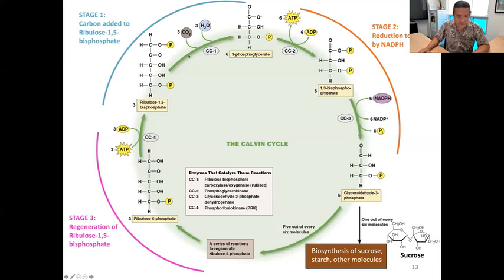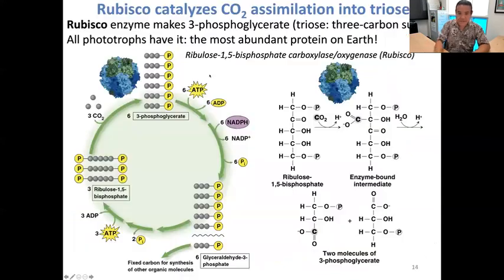So a very important molecule here is this first enzyme, this Calvin cycle 1 enzyme that actually takes the carbon from carbon dioxide and puts it onto this acceptor molecule. This enzyme is called Rubisco. Rubisco catalyzes carbon dioxide assimilation into making these triose molecules, these 3 carbon molecules. So 3 carbons from the atmosphere are brought in, joined up with 3 molecules of ribulose 1,5-bisphosphate.